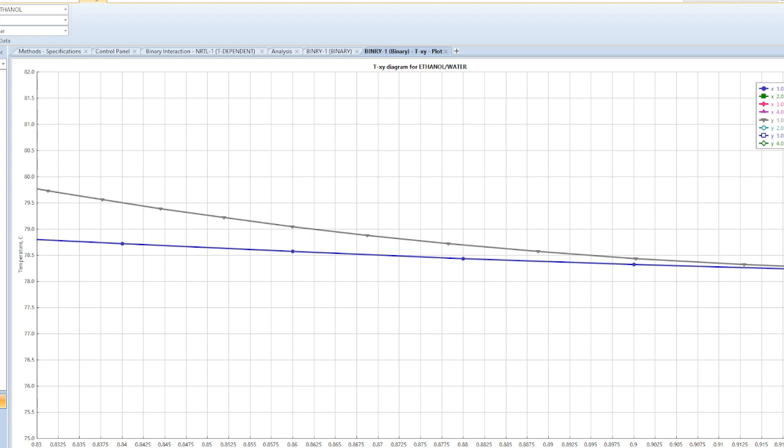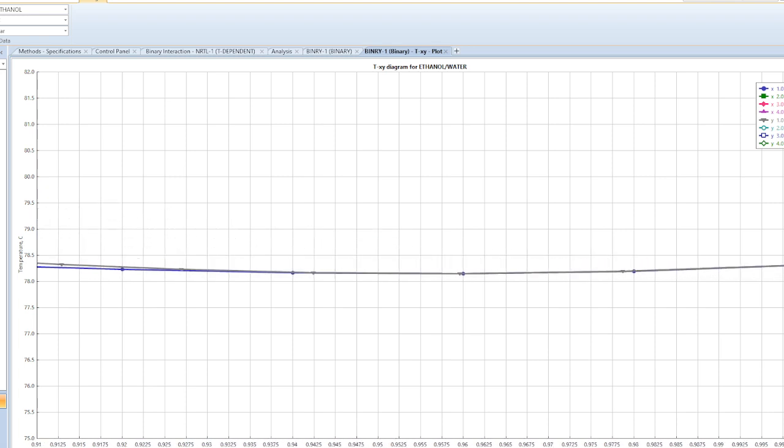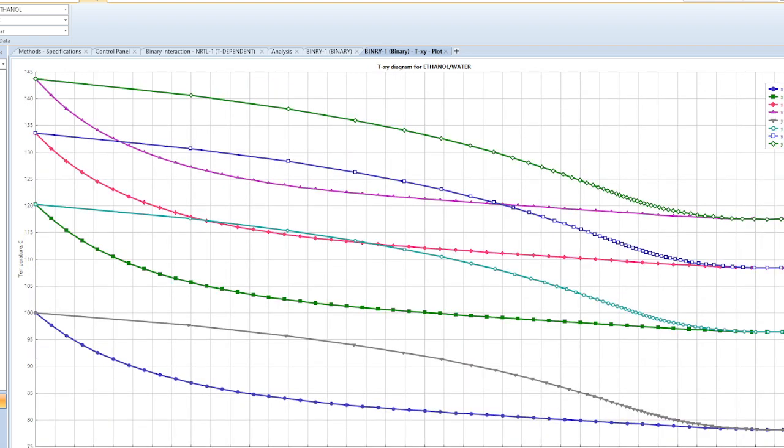But as I approach 99%, the approach is so small, the temperature range is so small, not only at 1 atm or 1 bar, but at higher pressures also.